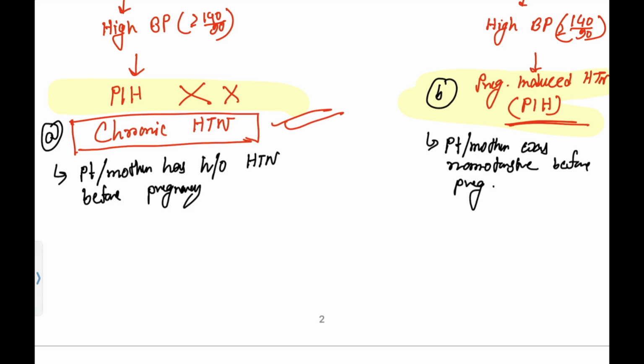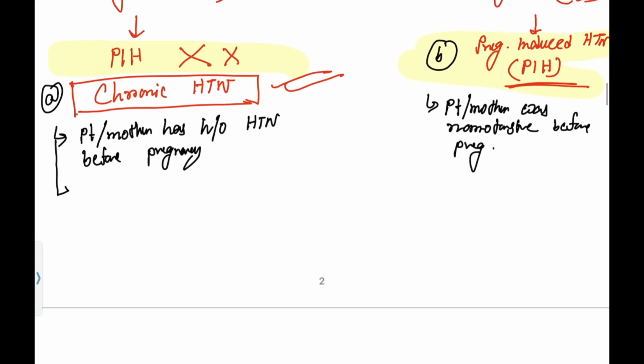Second, BP is in an increasing state throughout pregnancy.